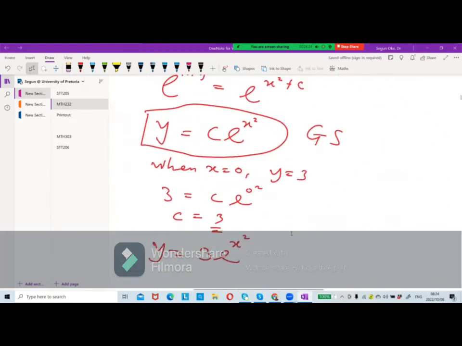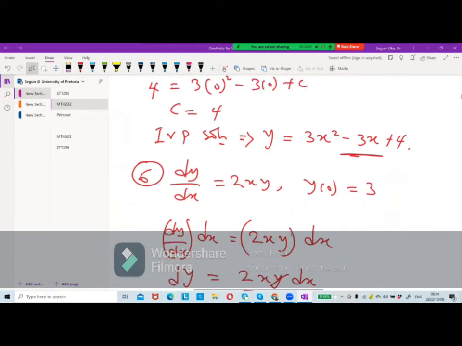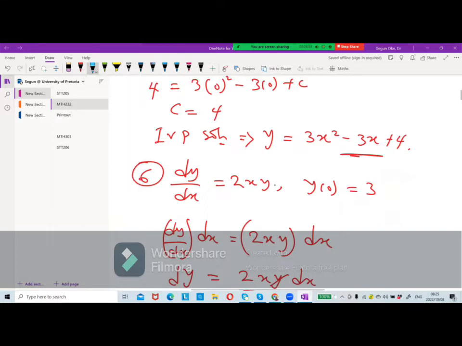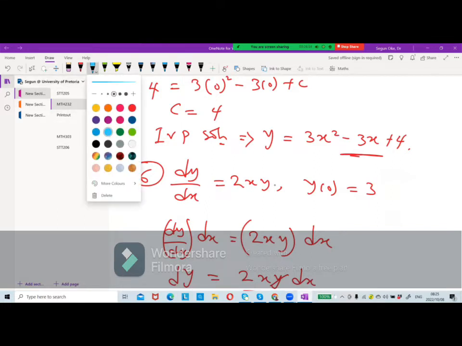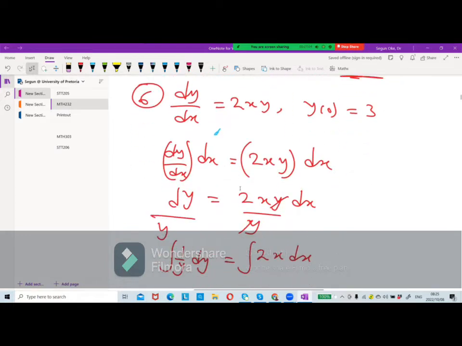Okay, look at this one now. This particular question, we are given dy/dx equals 2xy. So in this case, what do we do? What we do is to first of all multiply both sides, and at the end of the day we have to separate them.